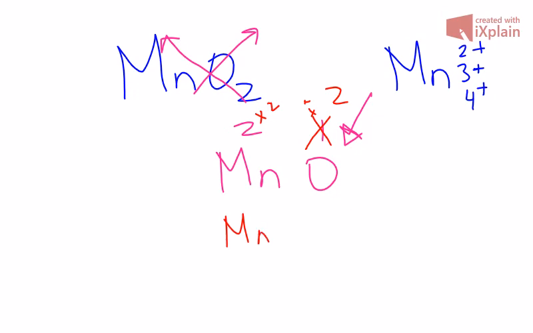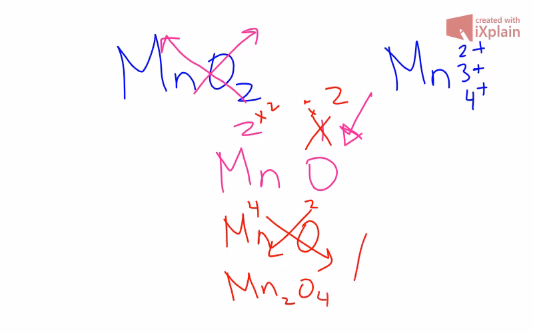So really, the charge of manganese was 4 and the charge of oxygen was 2. And when you crisscross, you are going to get Mn2O4, which can be reduced to MnO2, which is what we started with. So what was the actual original charge on manganese? Well, it was the 4.